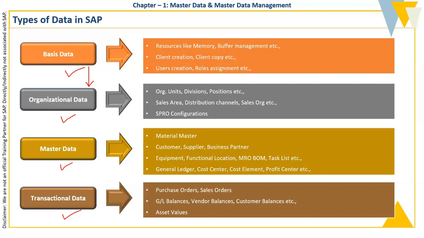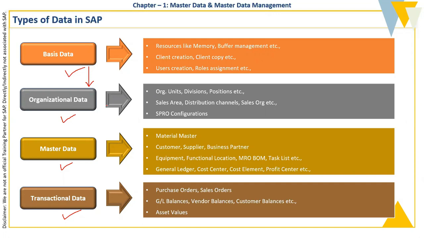Let's say you want to create a particular material in the system. When you create a material, you have to fill in the mandatory details like material type, material group, etc. Then you can extend that material to a plant, and this plant has to be further extended to some storage location.